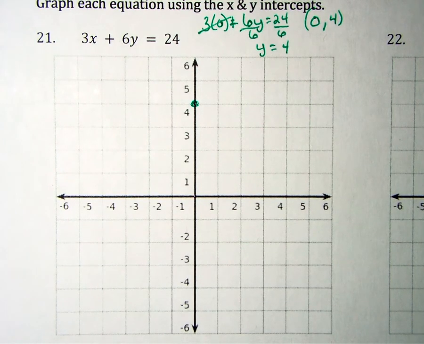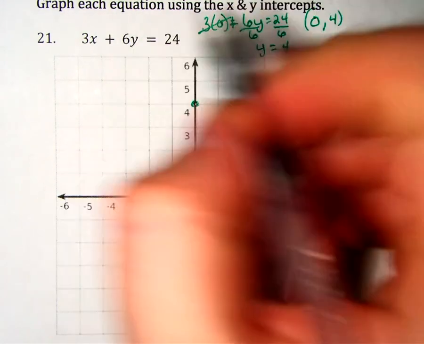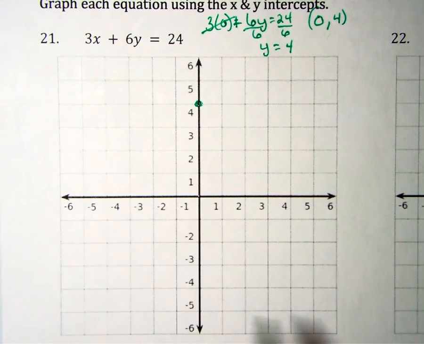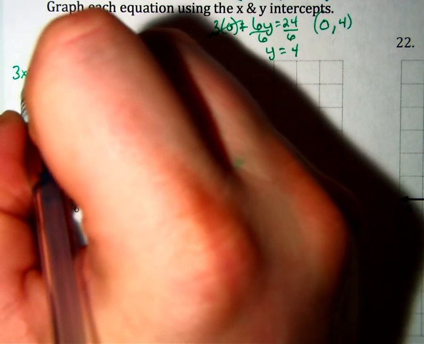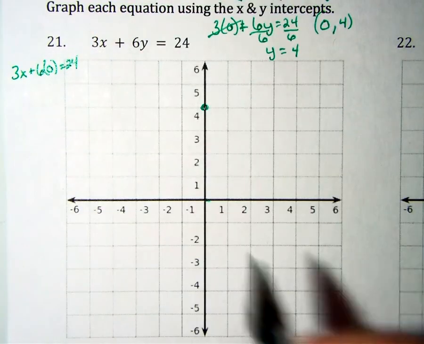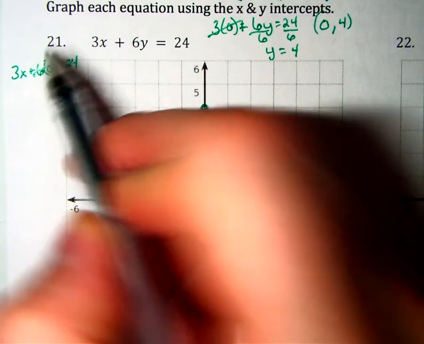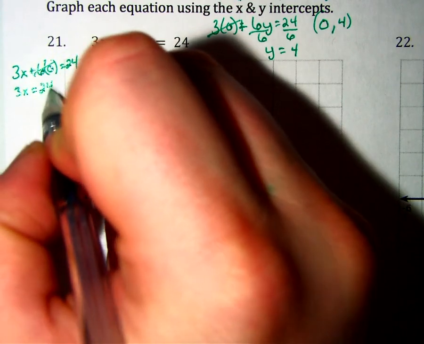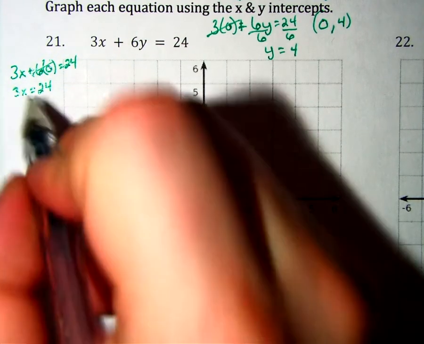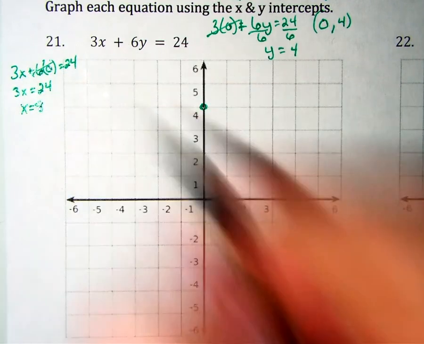Now we need to keep going and find out what happens when I plug a 0 in for y. So we have 3x plus 6 times 0 equals 24. Where the 6 times 0 will disappear, and we're left with 3x equals 24, and we divide both sides by 3. x is equal to 8.